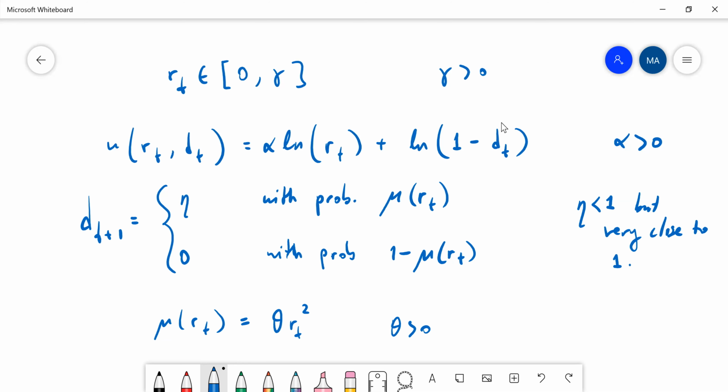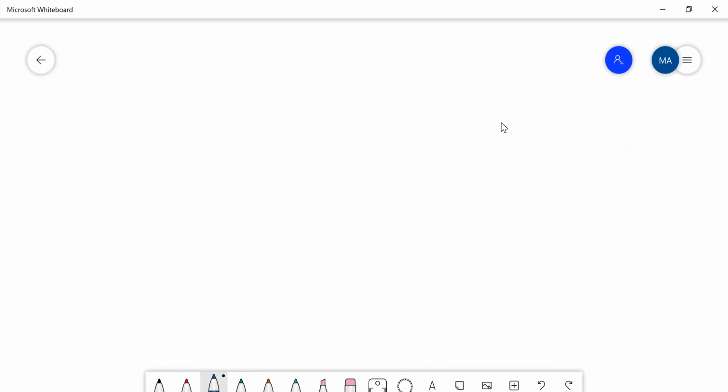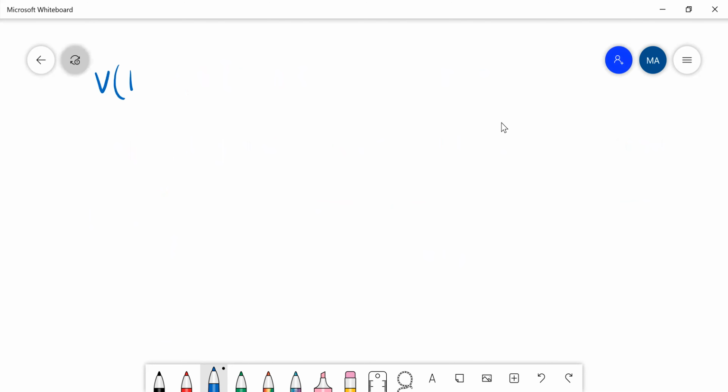All right. So here is the idea. Obviously, there will be a Bellman equation. Bellman equation will be a function of state. So we want to maximize this.